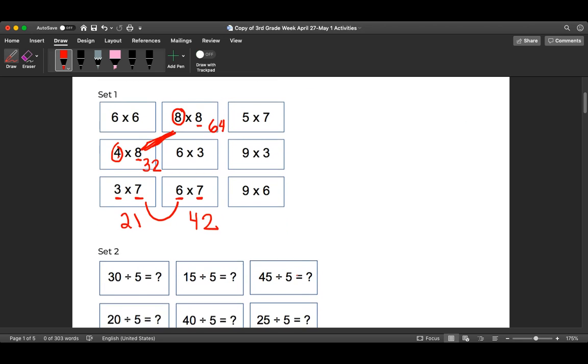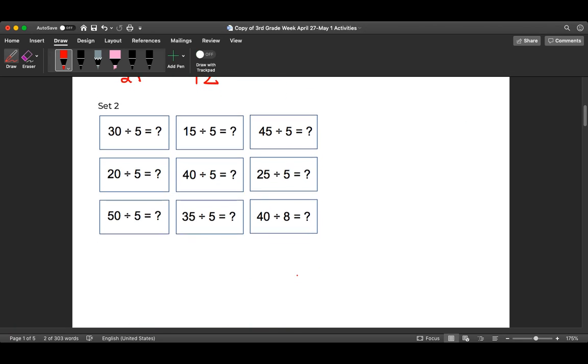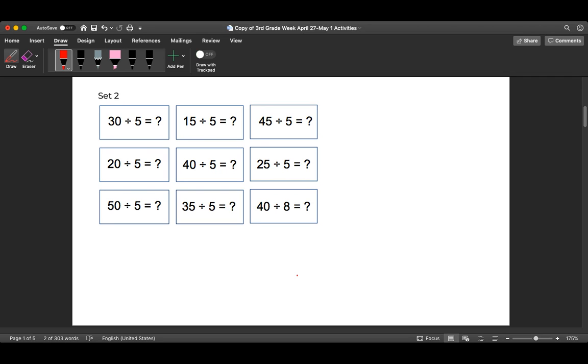Now, at the bottom, set 2, we're doing the same sort of thing, except we're dividing. So we can think about which of these have a connection or are related in some way. What stands out to me right off is 40 divided by 5 and 40 divided by 8. Both of these are connected. They're both dividing the number 40 into smaller groups.